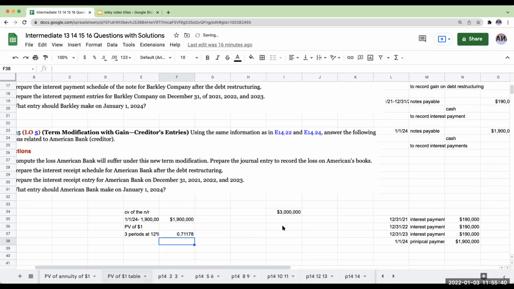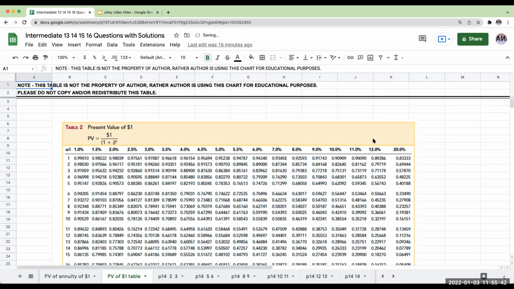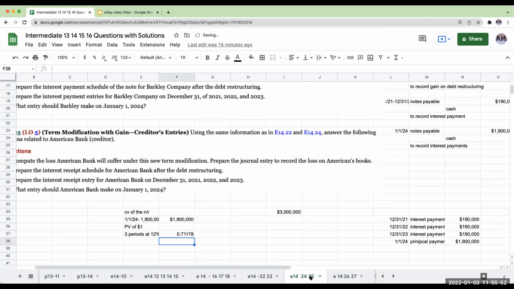Again, where did that number come from? 3 periods, 12%, 0.71178. Present value of $1 is used for lump sum payments. So the present value of the principal is going to be 1.9 million times 0.71178.